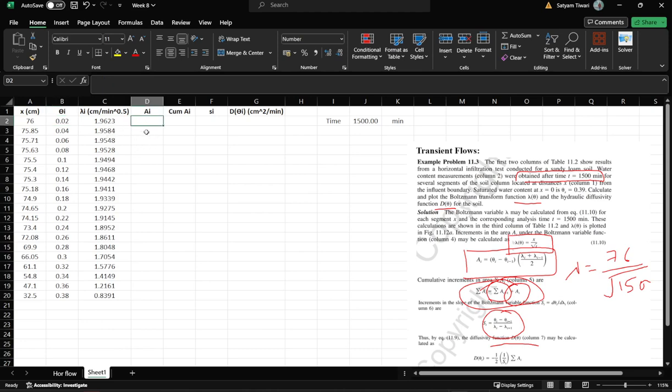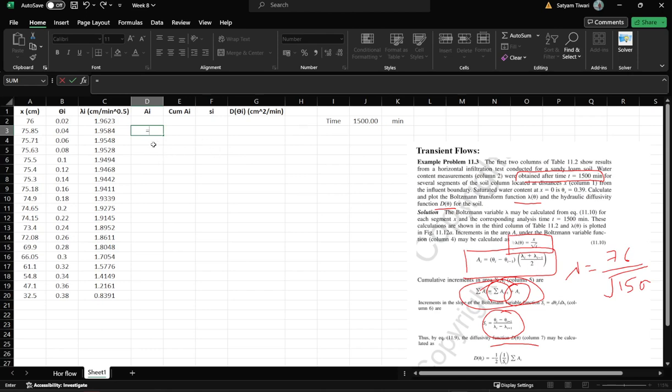To calculate the cumulative area, for the first one we'll leave it blank. For the second one, it will be based on this formula. A I is equal to theta I minus theta I minus 1, multiplied by lambda I plus lambda I minus 1 divided by 2.